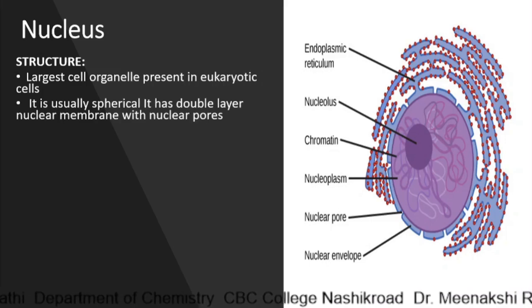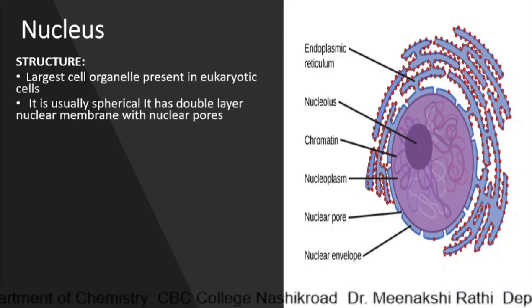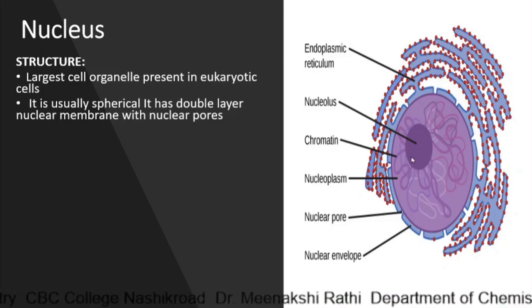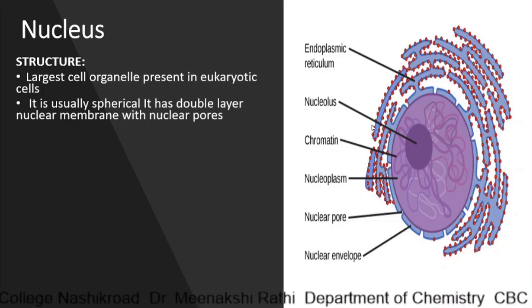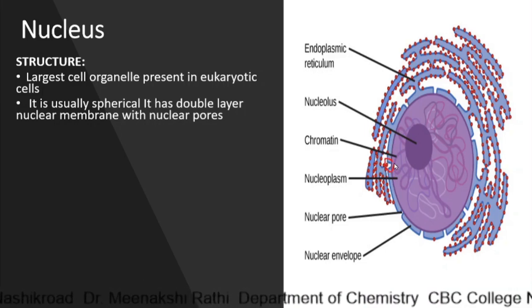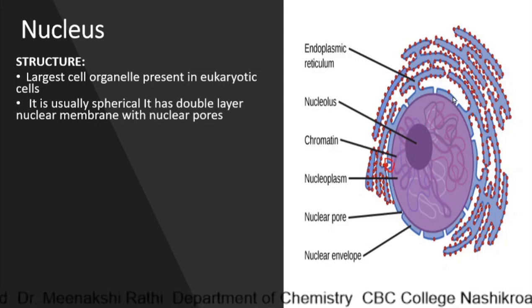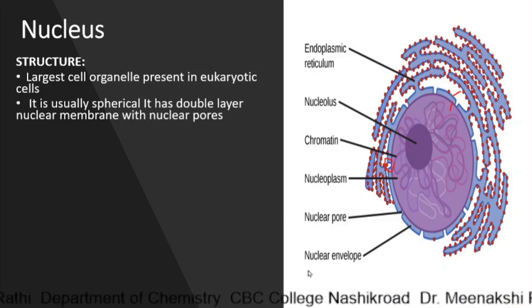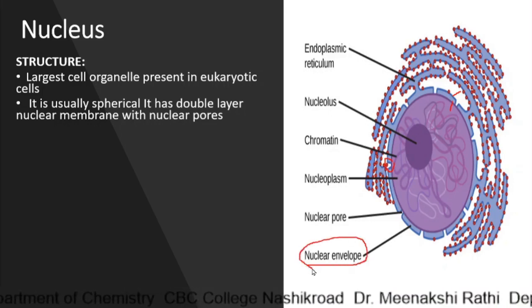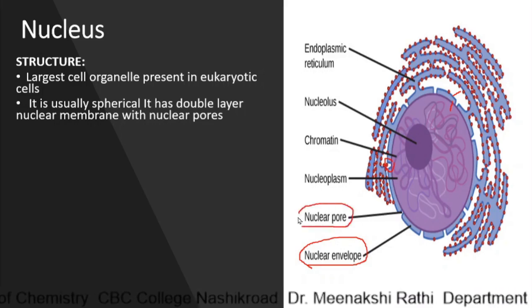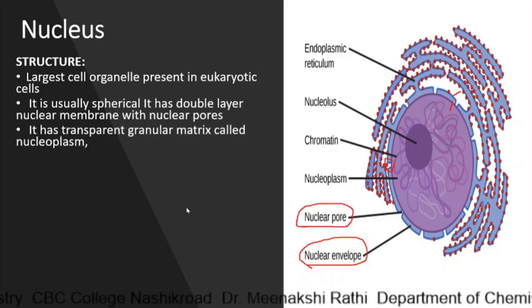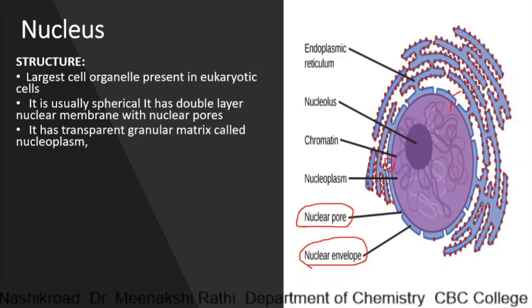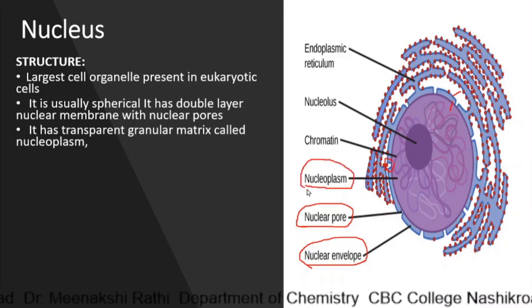It is usually spherical and has a double layer nuclear membrane with nuclear pores. Here you can see the nuclear pores are also present. The membrane is a double layer membrane, this is outer and this is inner, which is also called the nuclear envelope. And these are the nuclear pores. It has a transparent granular matrix, this inner matrix, which is called nucleoplasm.